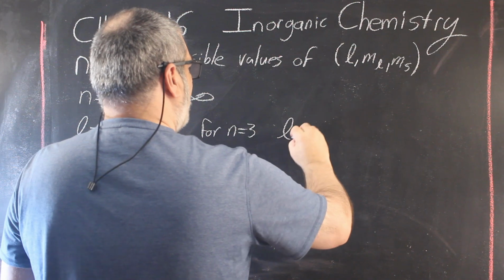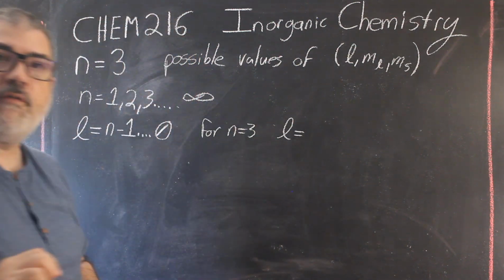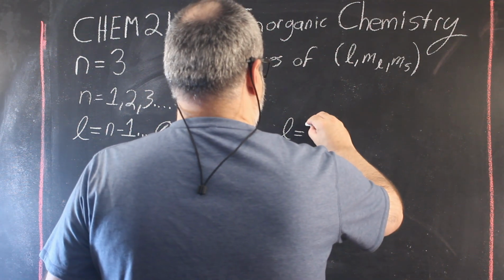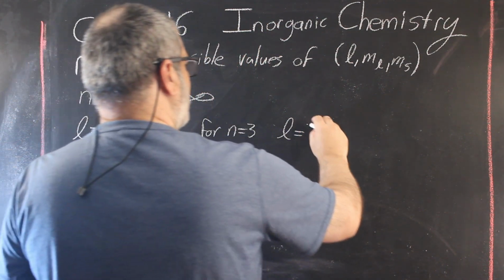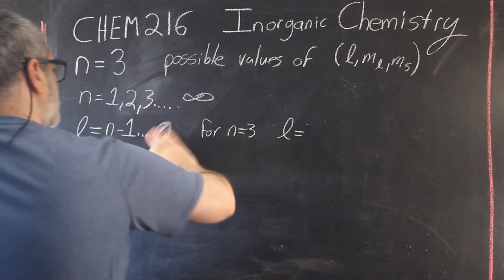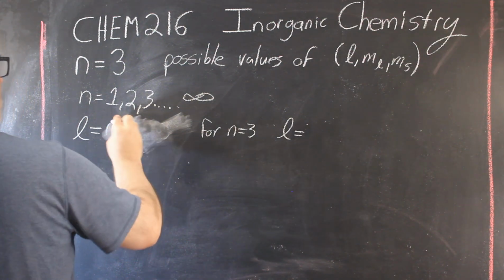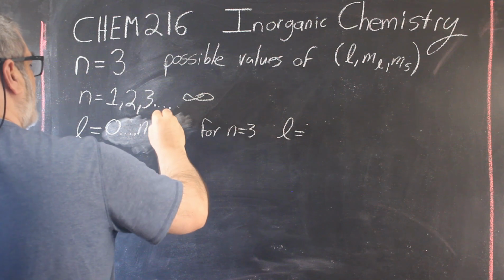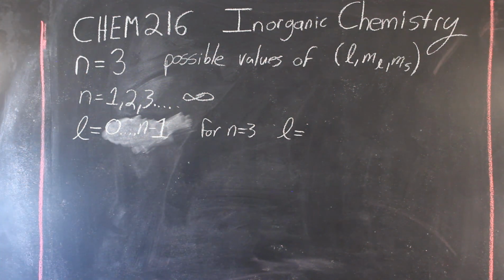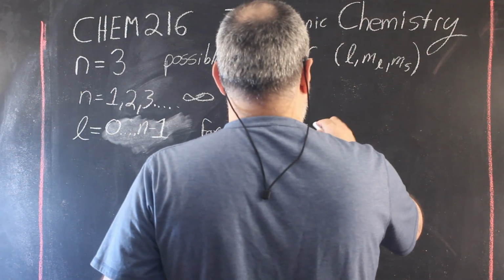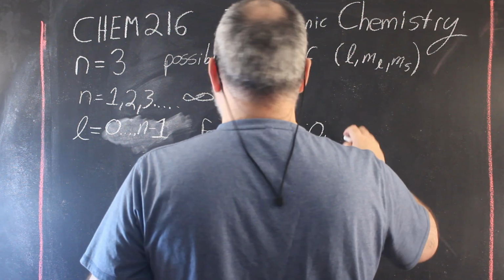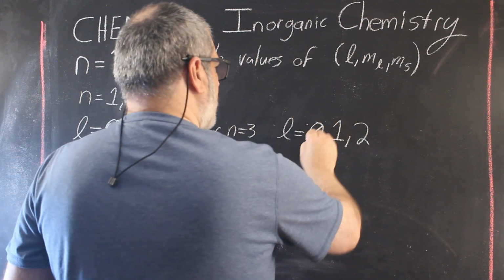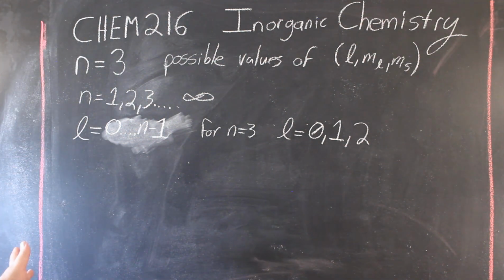That means our possible values for L, and it doesn't matter the order that you write them in, actually, let me write 0, oops, sorry about that, to n minus 1. That way I'm just starting at the bottom. So we're going to have L is possibly 0, 1, 2, or 3.